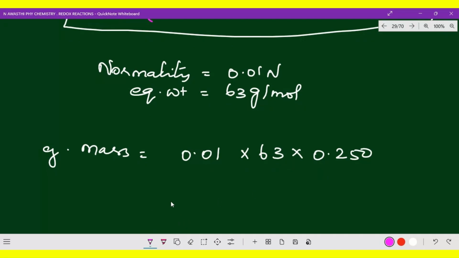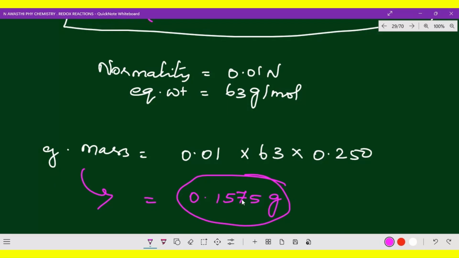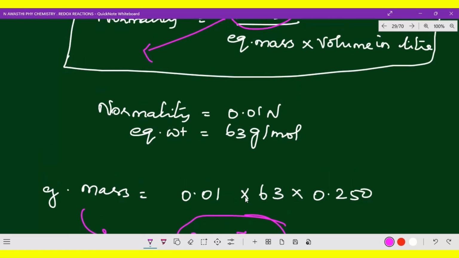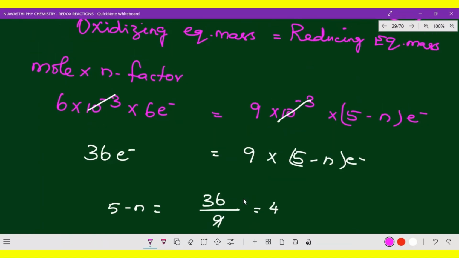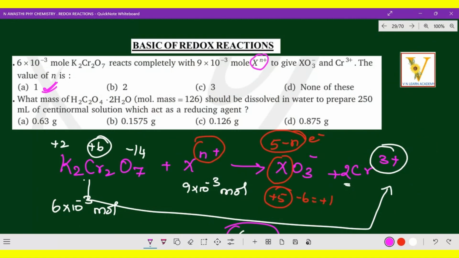When you calculate together, you get 0.1575 gram. Why gram? Because we are finding the given mass. So the answer is option B, 0.1575.